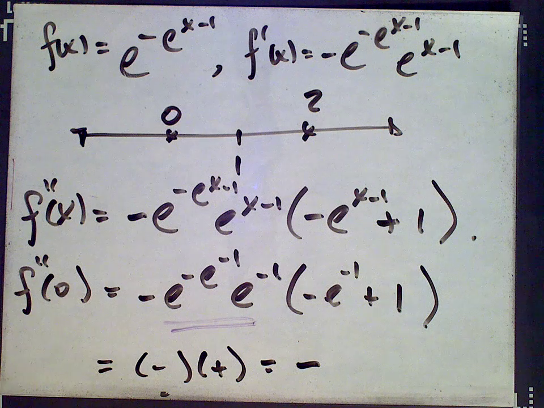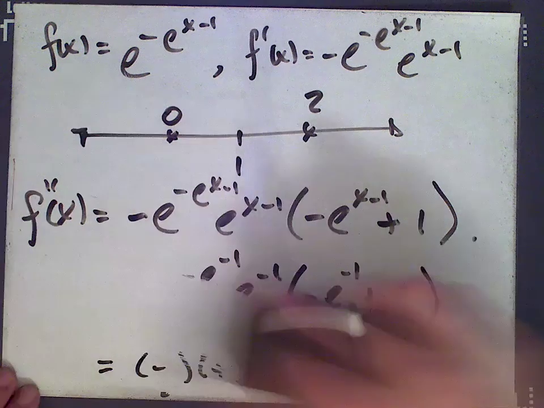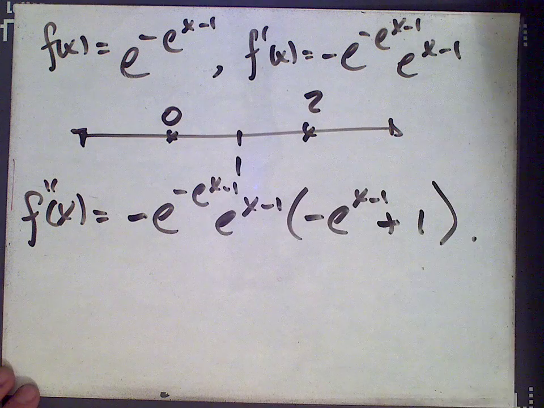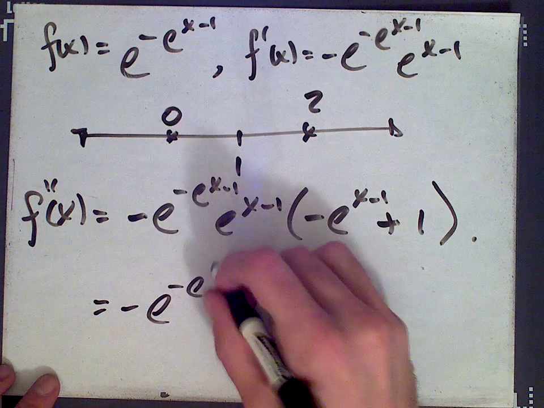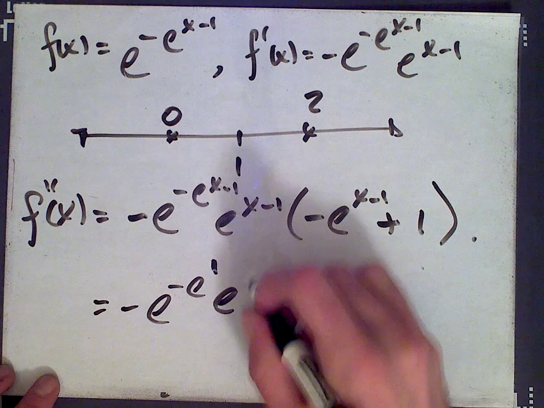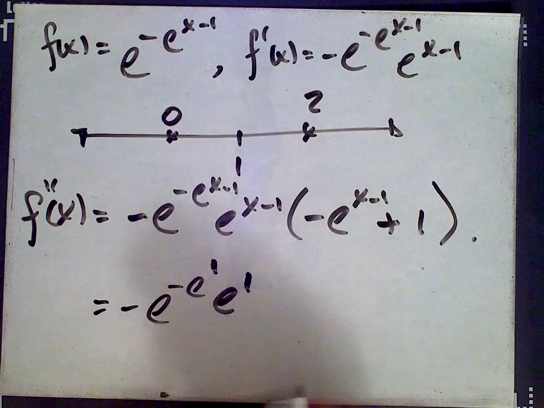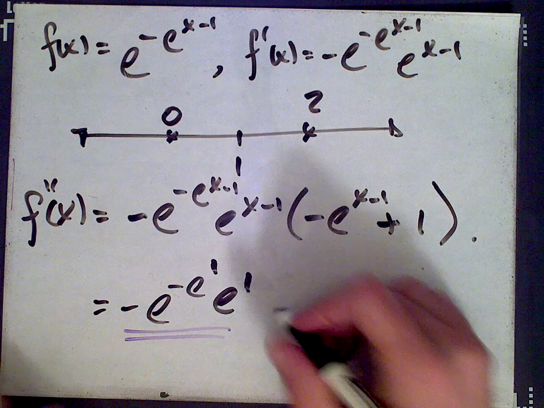Now let's plug in our second test point, which is 2. We get negative e to the negative e to the power of 1, times e to the power of 1. Again, all this is positive, but then there's a negative sign out here, so this factor is negative.